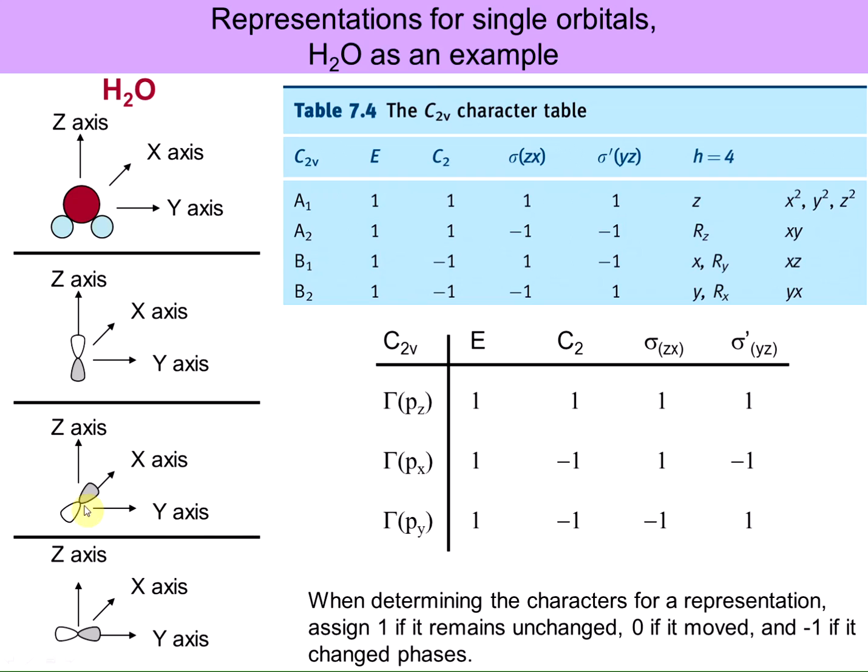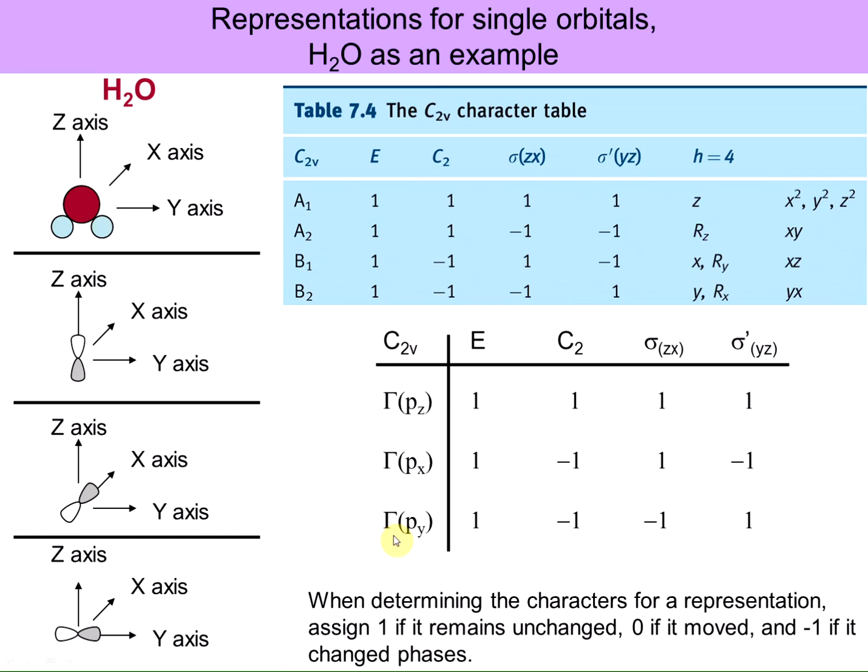And if I do one in the YZ plane, it cuts it at the nodal plane here, so the dark will go to the light and the light will go to the dark. So it changes phases, so it would get a -1 in the YZ direction. So the px orbital is 1, -1, 1, -1. So this corresponds to the B1, which is also 1, -1, 1, -1.